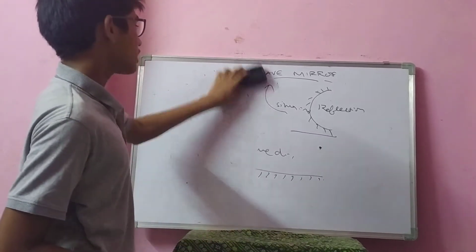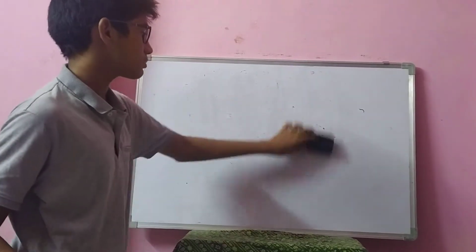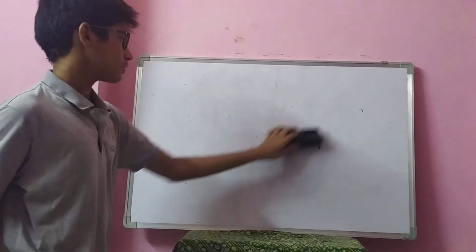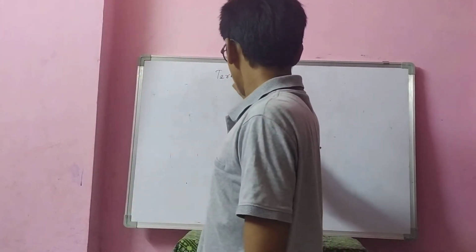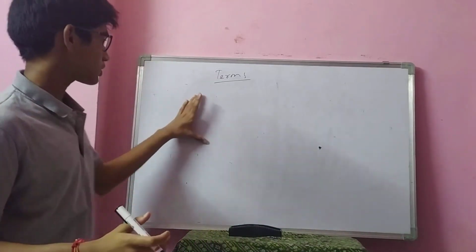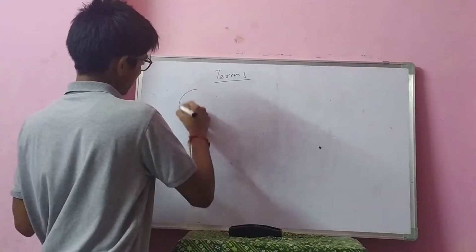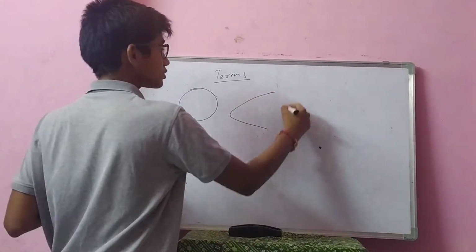Now we are discussing terms related to concave mirror and convex mirror. This video makes clear how these different terms relate to spherical mirrors, parabolic mirrors, and even plane mirrors.